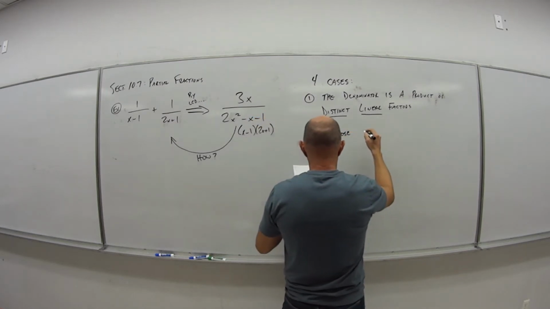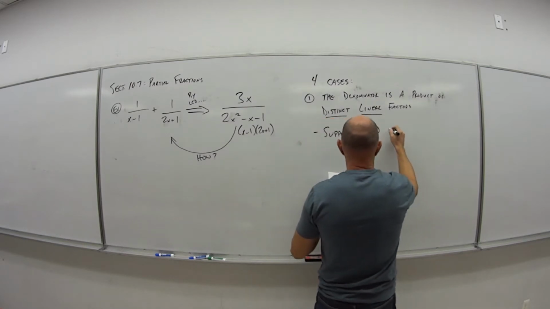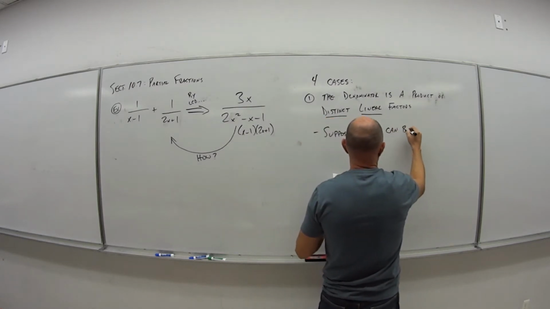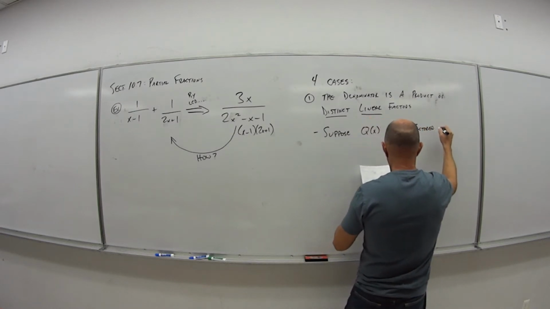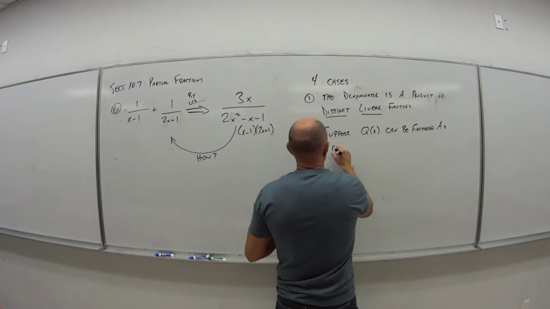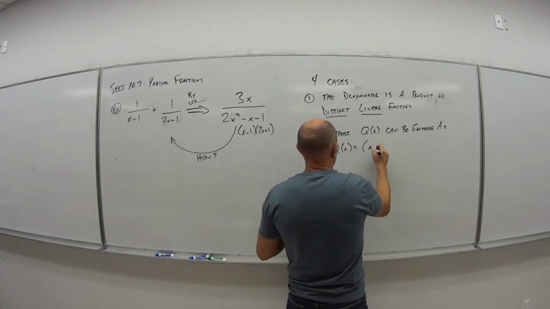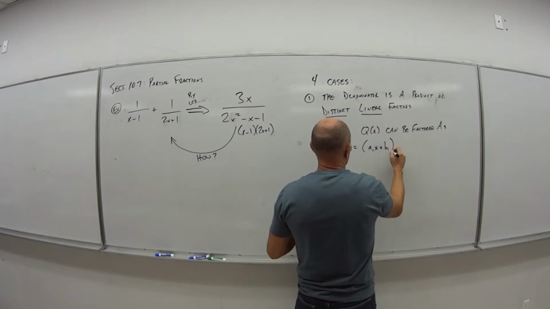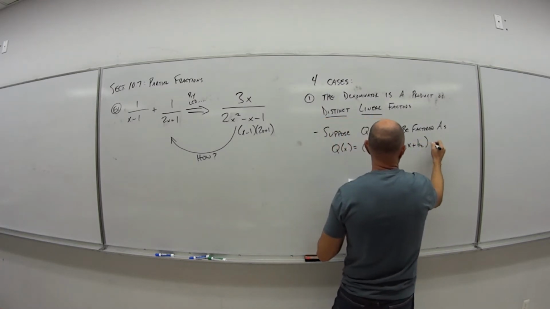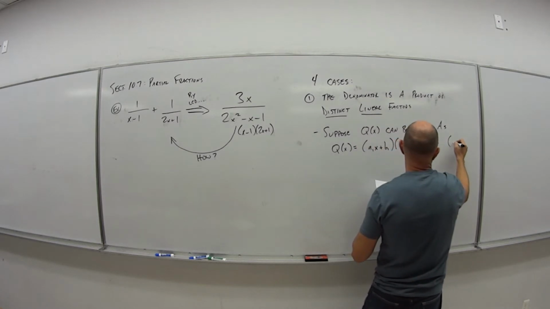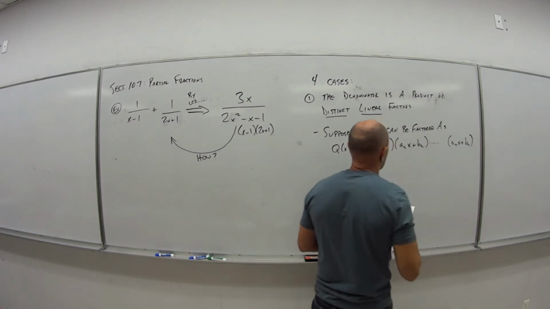Suppose q of x, the denominator, can be factored as q of x equals a1x plus b1, a2x plus b2, etc., all the way to anx plus bn.